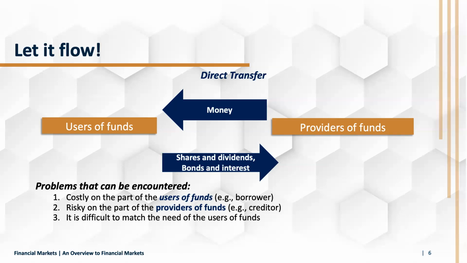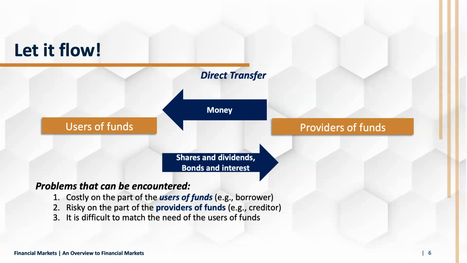So what could be the problems that could be encountered in a direct transfer? So first up, it's costly on the part of the users of the funds. Because, what's the problem here? Because the providers of the funds can easily control the amount of return that they would like for the fund.